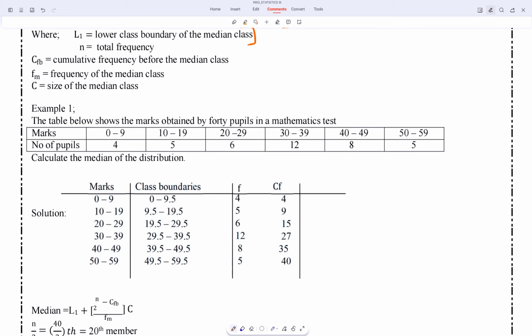Now this type of data is called discontinuous data. Why do we say it is discontinuous? The reason is that if you look at the intervals, we have 0 to 9, and then the next one starts from 10.